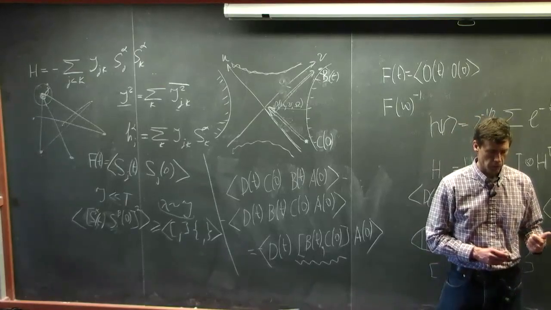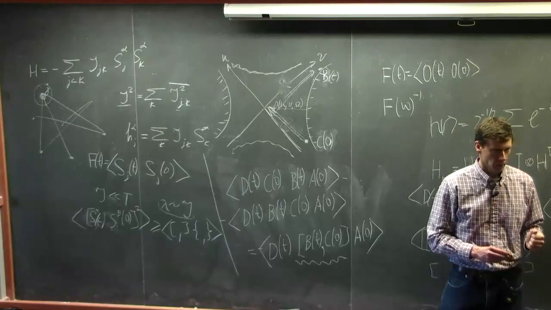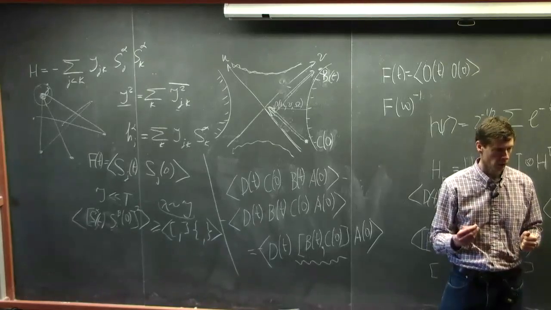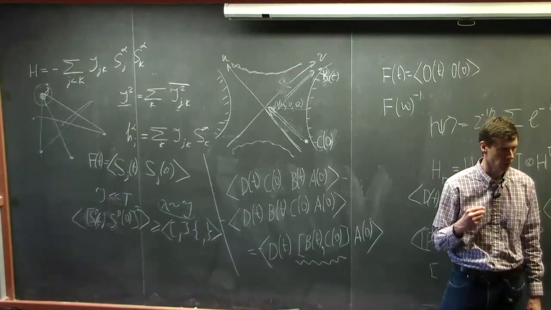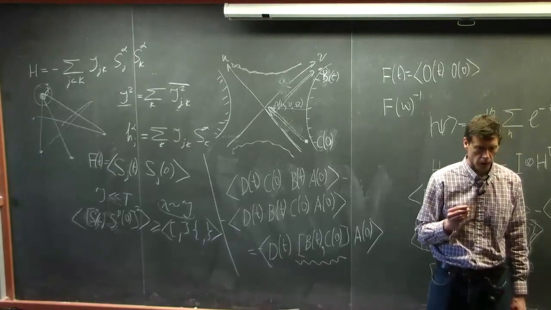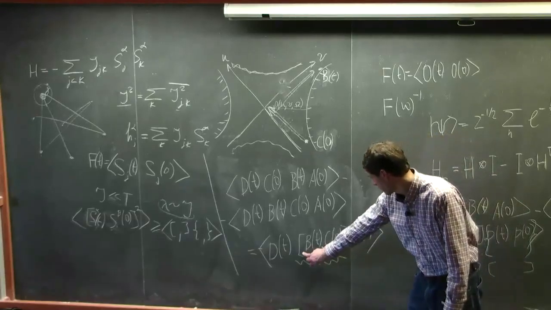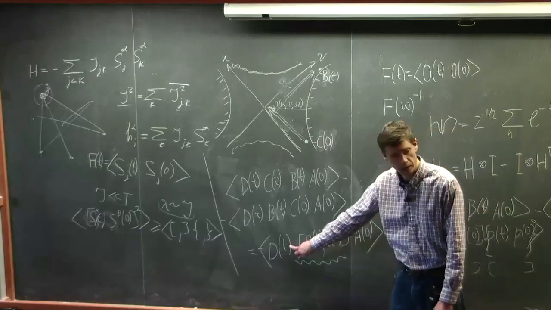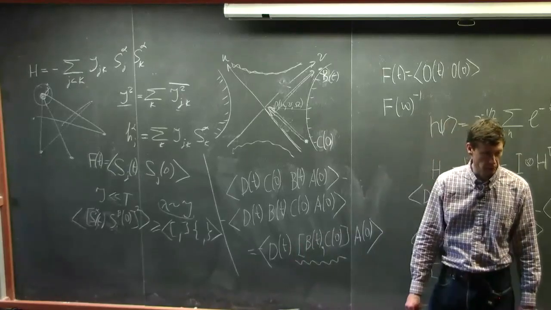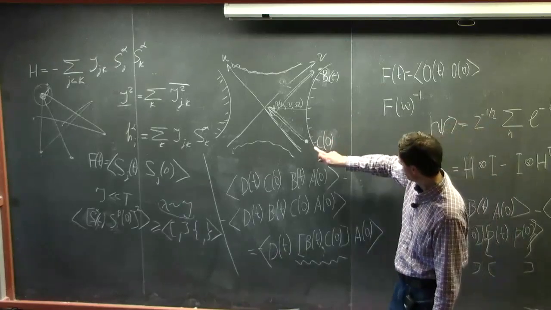And this is a correct statement if we consider ordinary correlators that have the usual time order. And if we sandwich this operator between two operators at different times, this assumption is no longer true. And what happens is this.